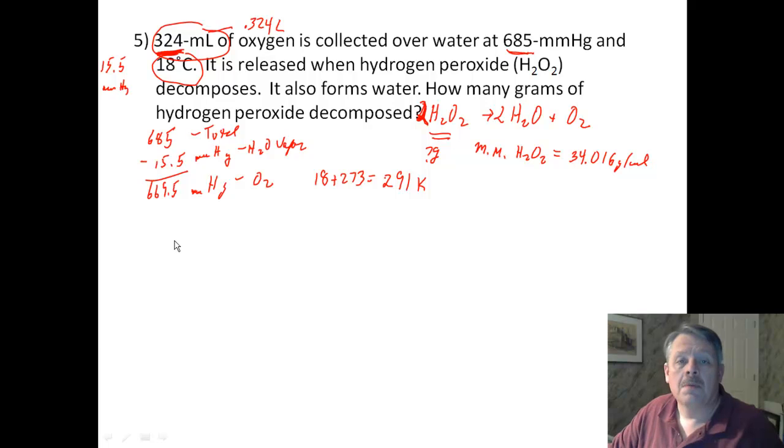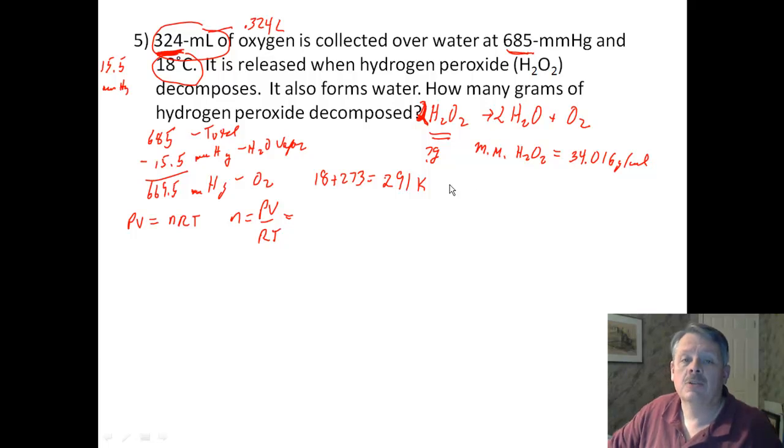So that means we're going to have to use the ideal gas law to figure out moles of oxygen. PV equals nRT. That means the number of moles is equal to PV over RT. Our pressure needs to be in atmospheres. Oops, we haven't done that. Let's go ahead and do that. We have to use this pressure down here for oxygen.